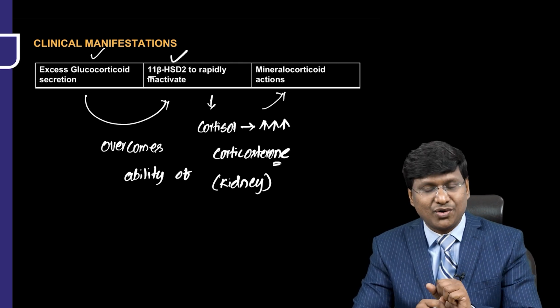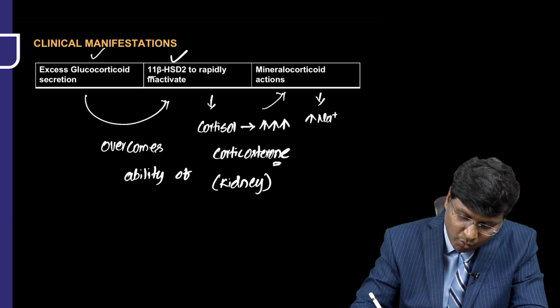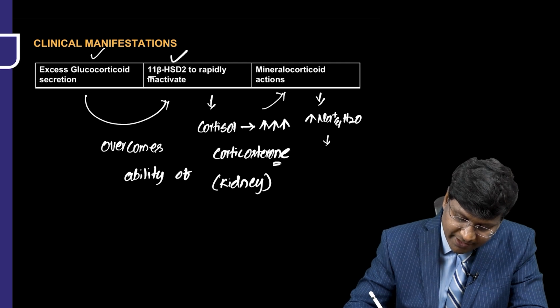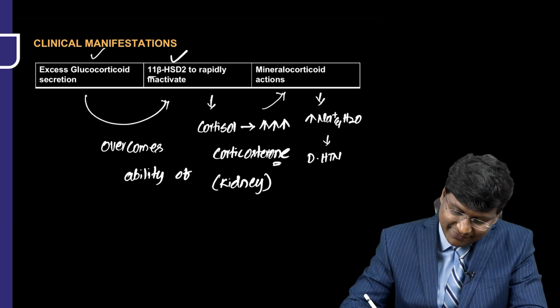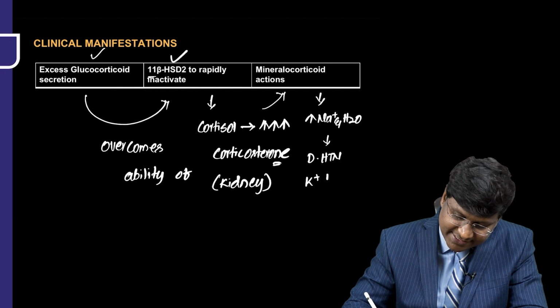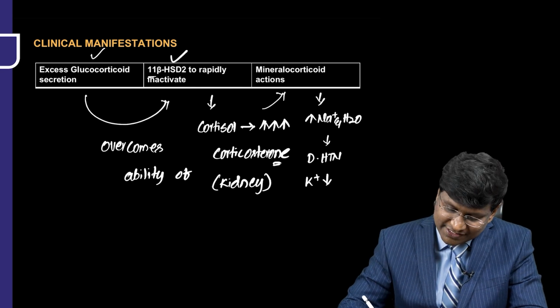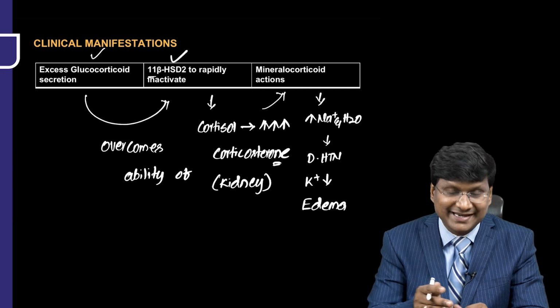What is that action? Sodium and water retention. Because of sodium and water retention, these patients develop diastolic hypertension, and there is potassium excretion resulting in hypokalemia. And because of excessive sodium and water retention, there will also be development of edema.